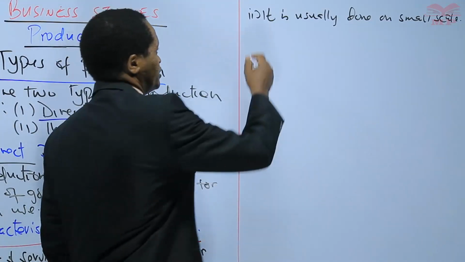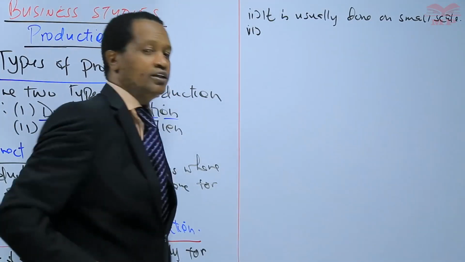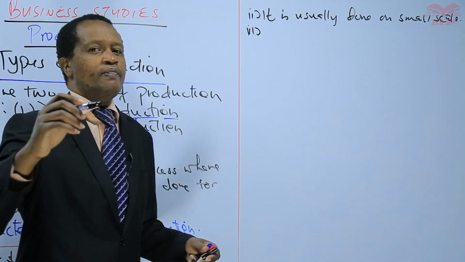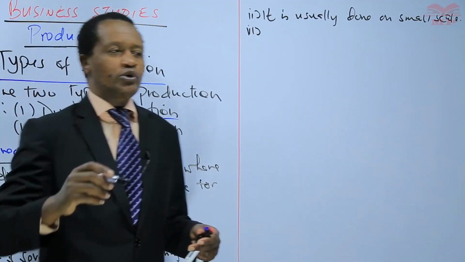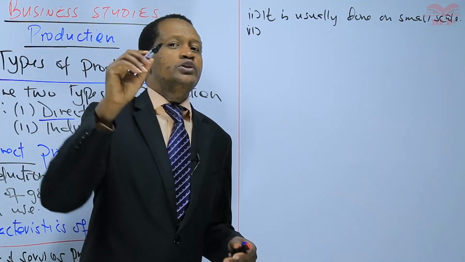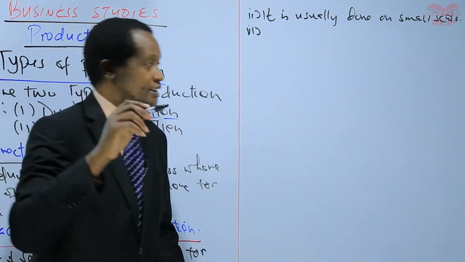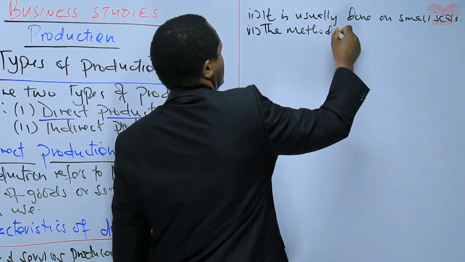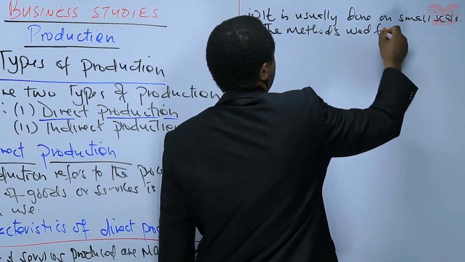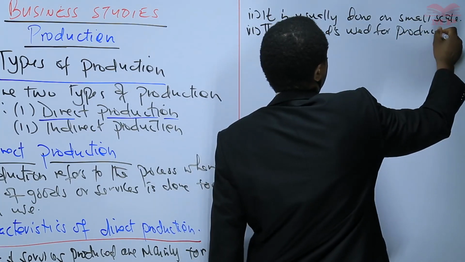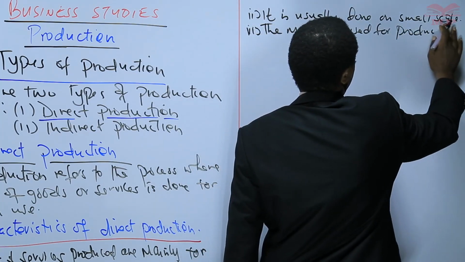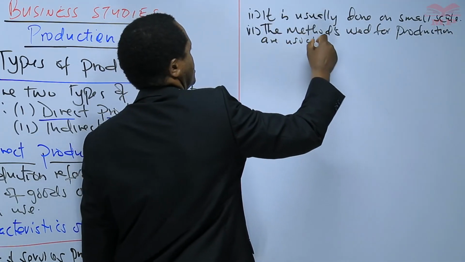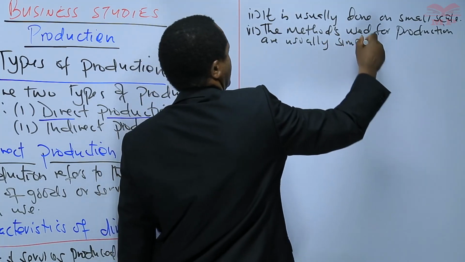Then the third feature or characteristic is that the methods used for production are usually simple.